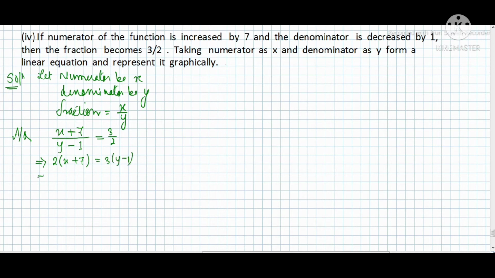Now multiply and see: 2x plus 14 is equal to 3y minus 3. So the linear equation becomes 2x minus 3y plus 14 plus 3 is equal to 0. So our linear equation becomes 2x minus 3y plus 17 is equal to 0. Hence this is our required linear equation.